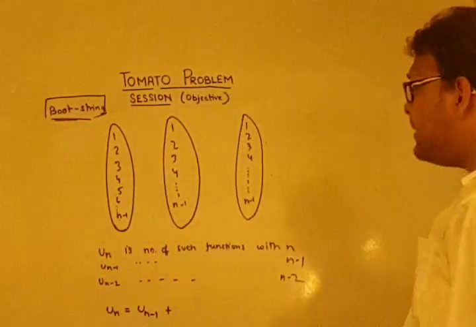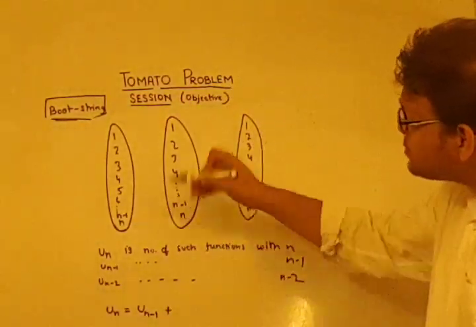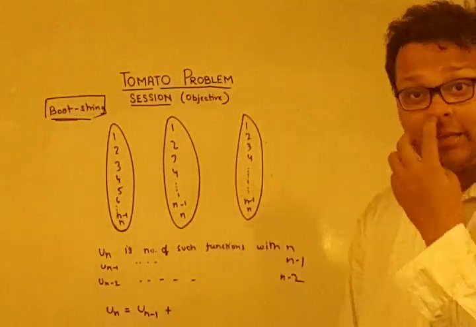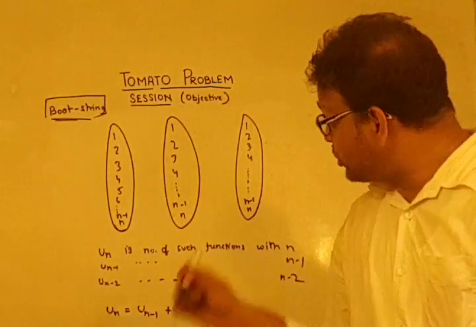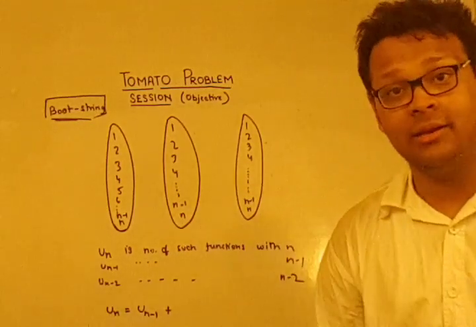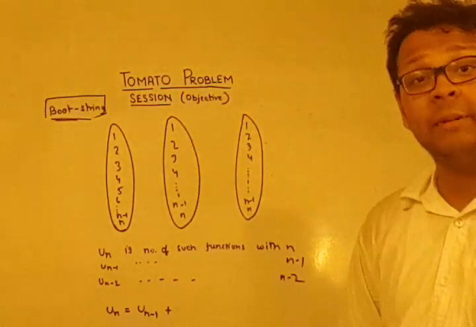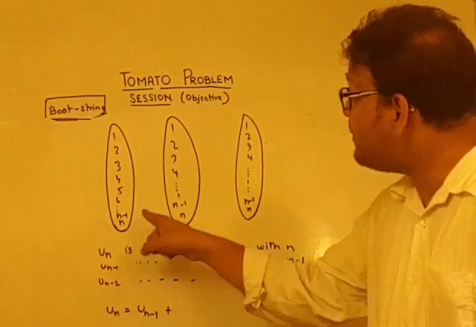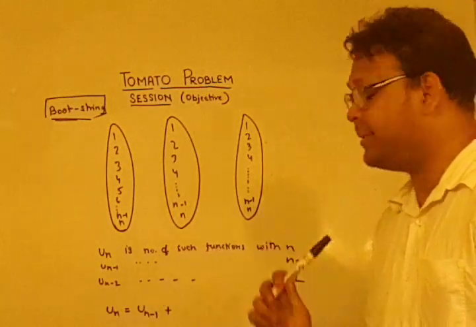Now when the nth element comes, these n-1 elements are mapped in whatever order, in all possible orders they can. But now the nth element has come and n must be mapped such that f(n) equals n. One of these maps might have led to n-1, but there are no maps that might have led to n. So there is only one map that can lead to n, and what can that map be? n to n to n.